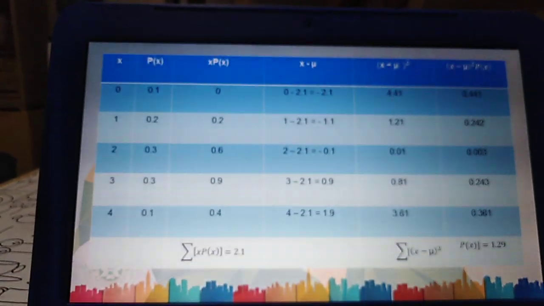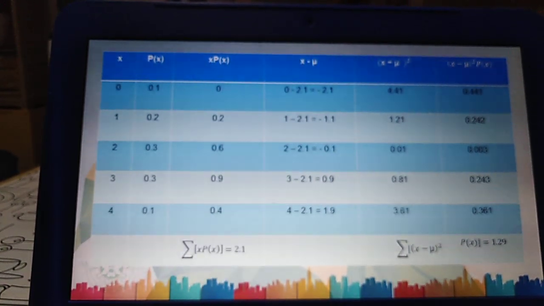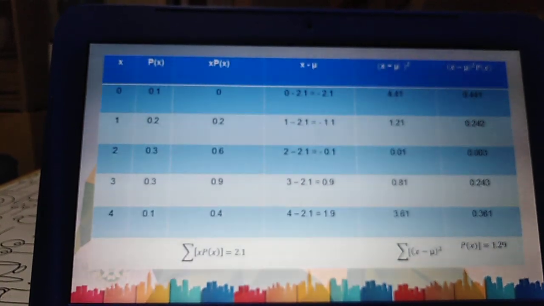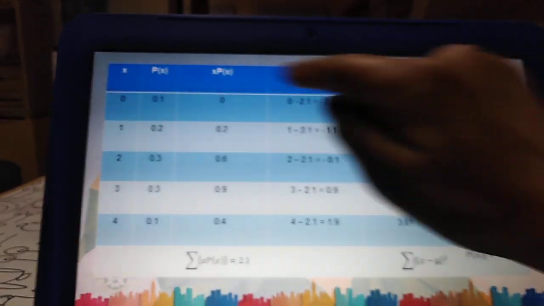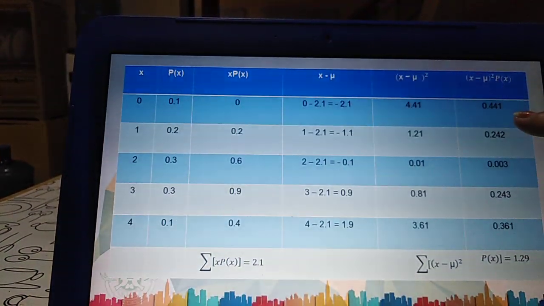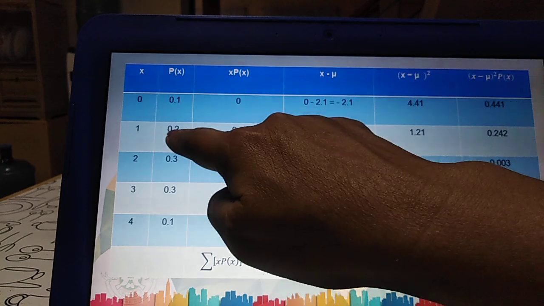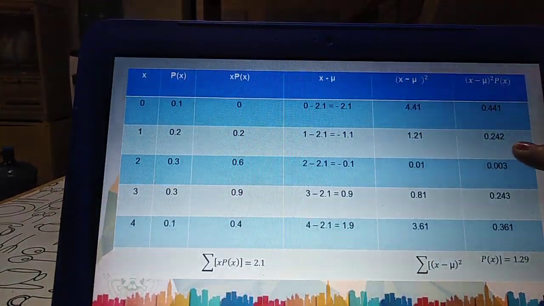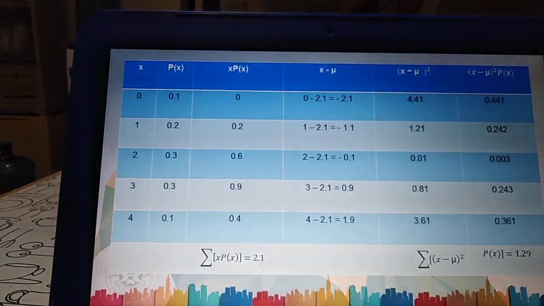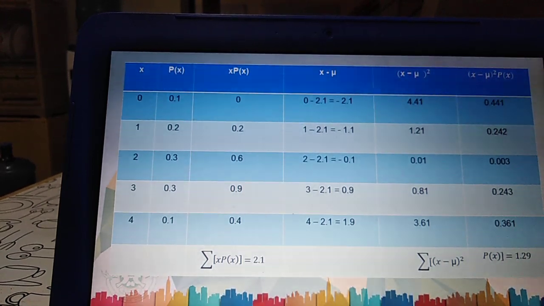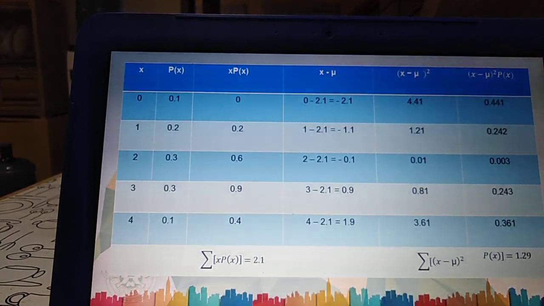Again, for the last column we multiply the fifth column with the second column, or its probability. So 4.41 times 0.1 is equal to 0.441. 1.21 times 0.2 will give you 0.242. 0.01 times 0.3 will give you 0.003. 0.81 times 0.3 will give you 0.243.